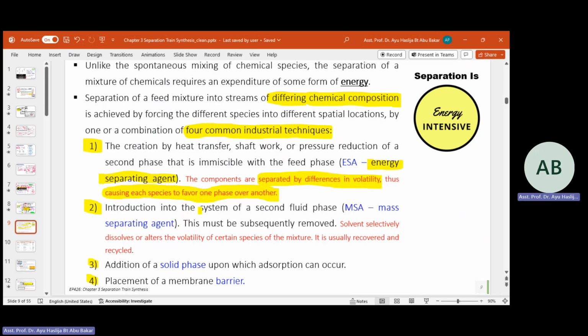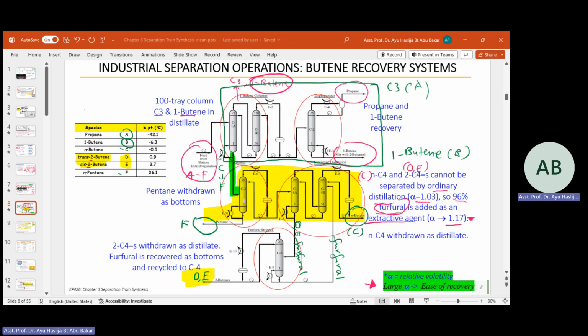Second one, introduce a second fluid phase, which is MSA. M stands for mass separating agent. The furfural just now, this system, used MSA. Furfural is the MSA, mass separating agent.